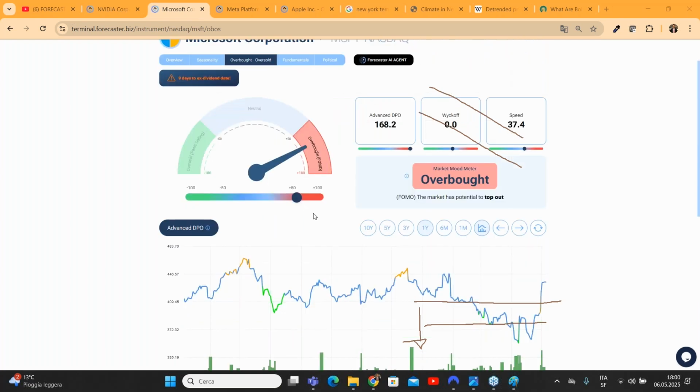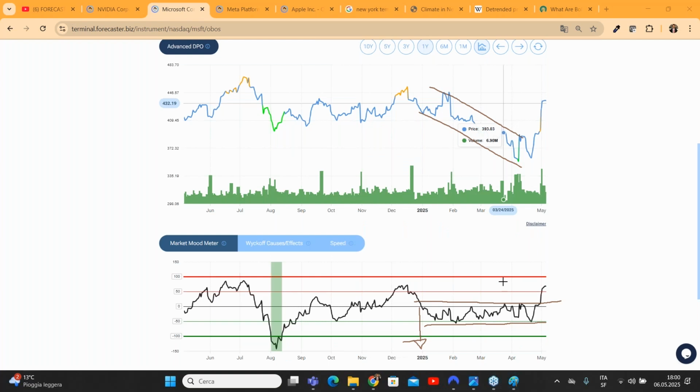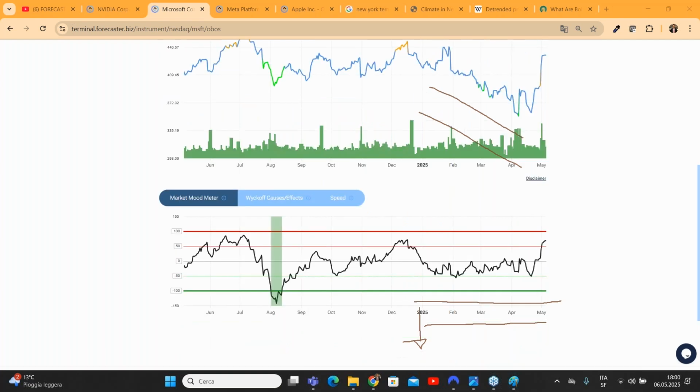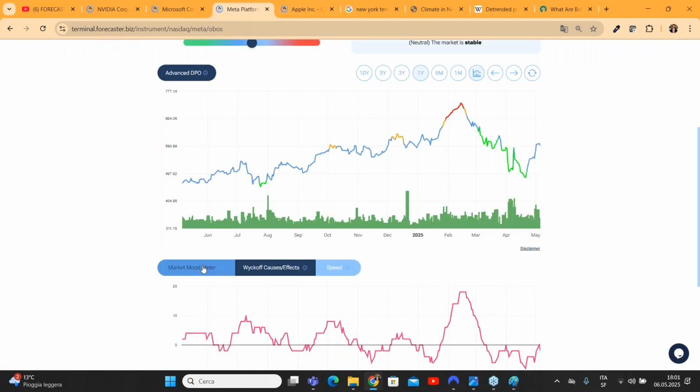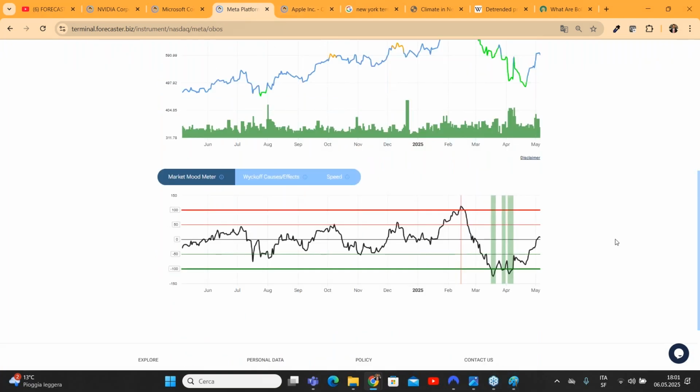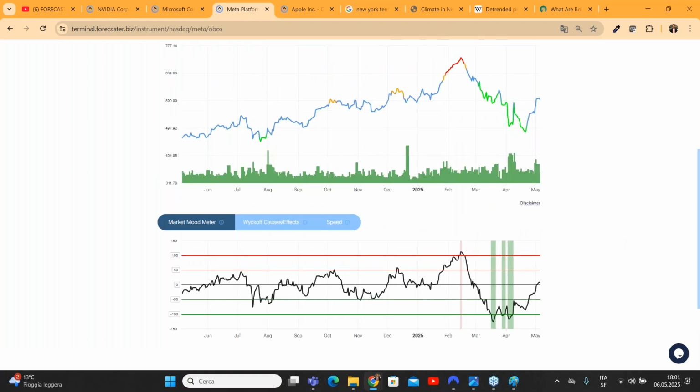If you go, for example, on Meta, as you can see here, you have a red color because the indicator went above 100 and that is exactly when the shares made the top.